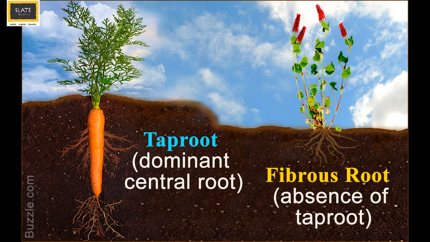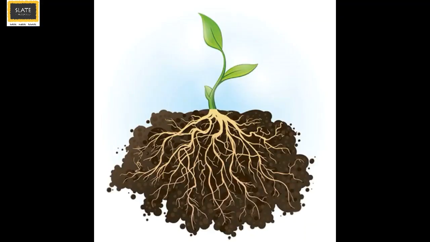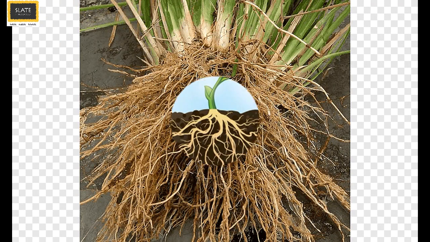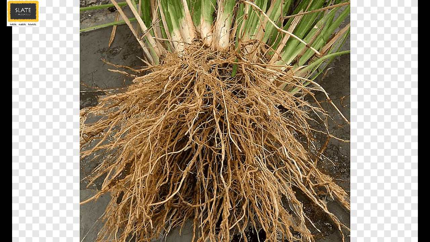Slaters, unlike tap roots, fibrous roots have many roots of similar size and length. These types of roots do not penetrate deep inside the soil as compared to the tap root. However, fibrous roots create a network of roots under the soil.